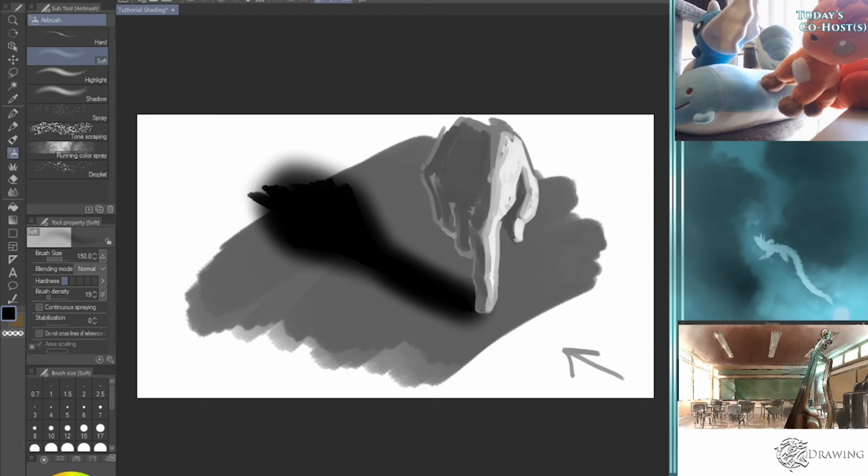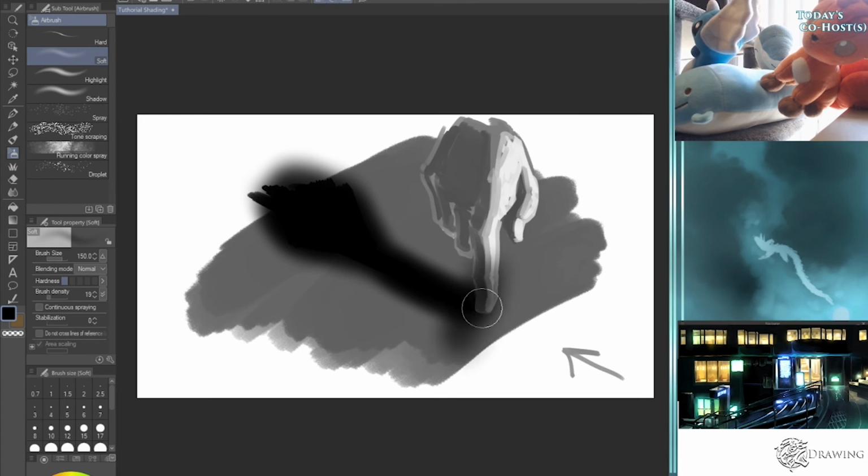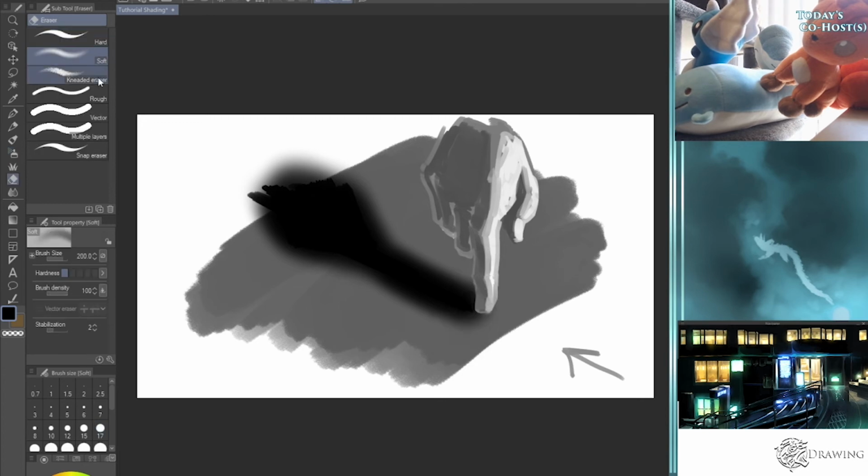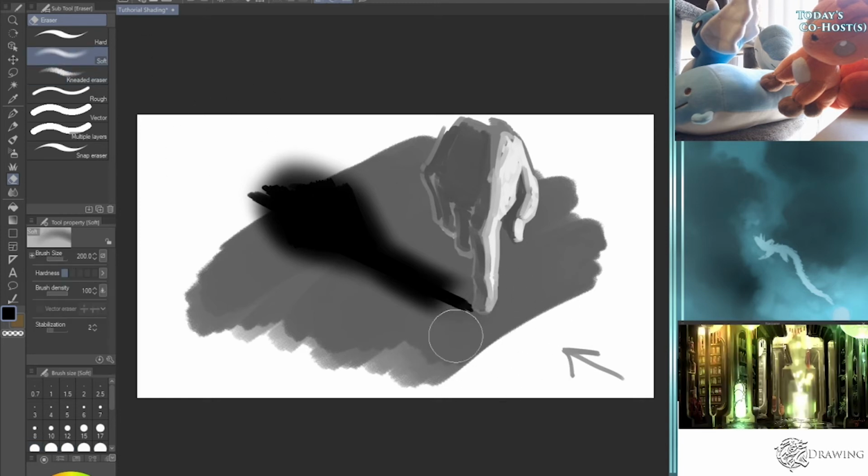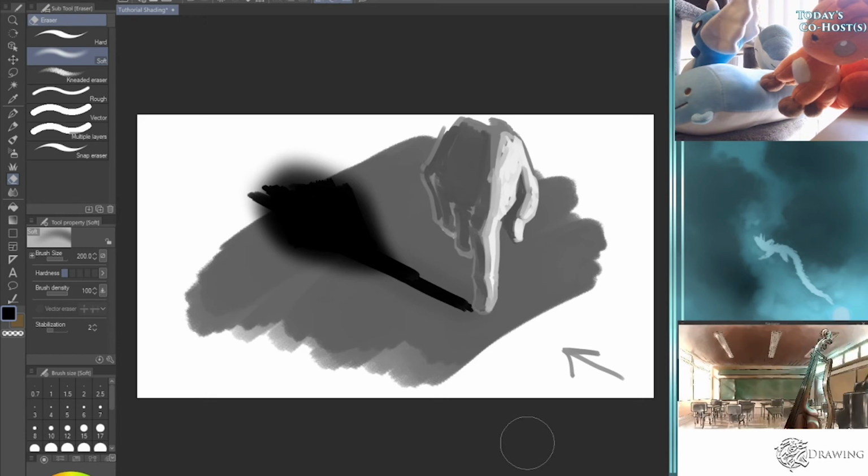Soft shadow when the shadow is further away. Good. Do you see? You learned this yesterday. As the shadow gets further away, not only does it get lighter, it also gets softer.